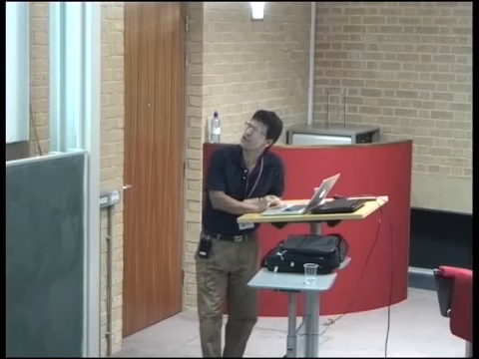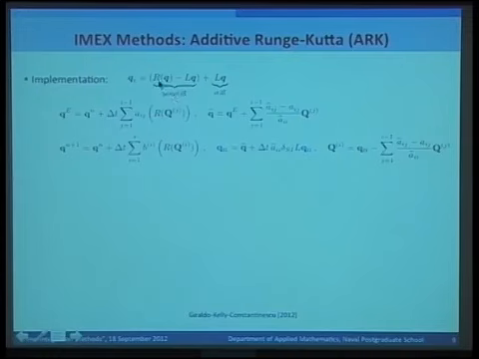Okay. Implementation issues. How you actually implement these is, if I rewrite my original right-hand side operator, let's call it R now, and I subtract L, I call this my non-stiff part, and LQ is the stiff part.